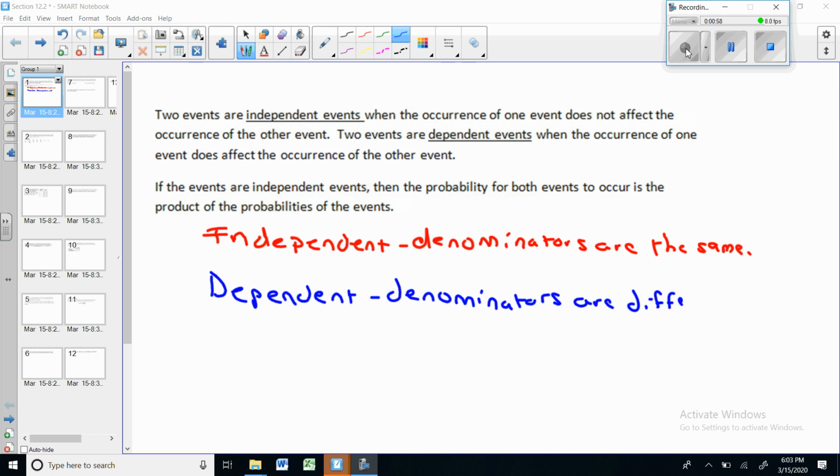And that's the big key. So if you want to determine whether something is an independent or dependent event, find a probability of each event happening. If the denominators are the same, then your probabilities are independent, and if the denominator changes, your probabilities are dependent.